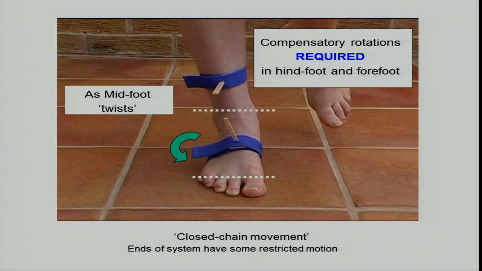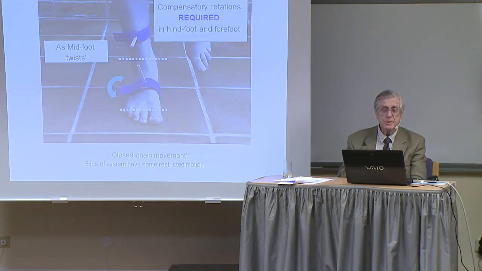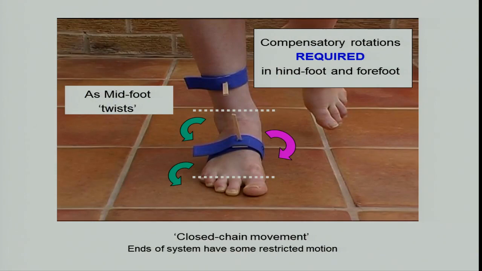But the ankle remains reasonably horizontal, and so does the forefoot. It remains plantigrade. So we must have compensatory movements at the front and the back of the foot. So when the midfoot is supinated, we must have some pronation of the forefoot and some in the hindfoot, and the opposite way round if the midfoot is pronated.